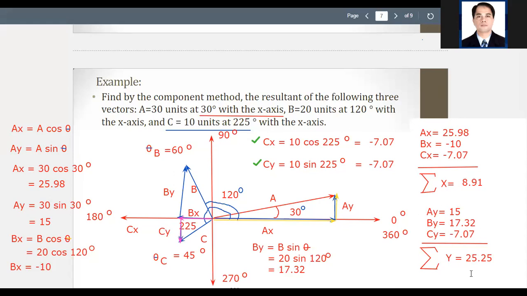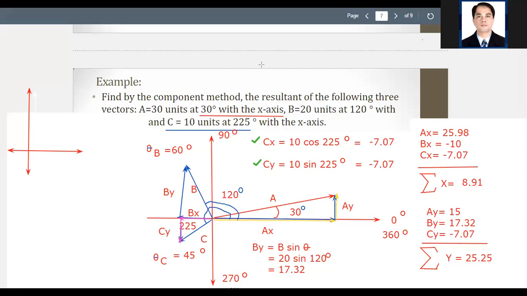Since they are both positive values, the resultant is actually located in quadrant 1. It is located actually in quadrant 1. And therefore, we can have a final value by using the Pythagorean theorem now. So if you have all the x values together and all the y values together, then you can have a value in the first quadrant.